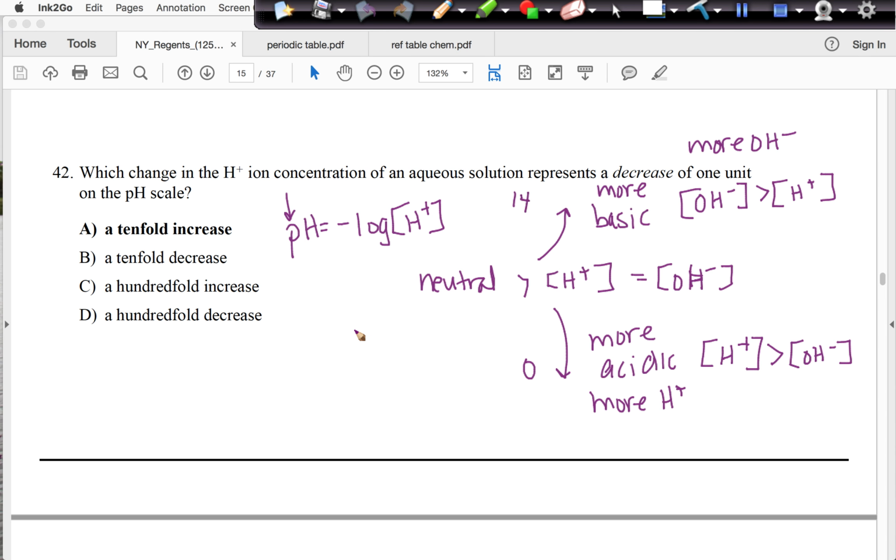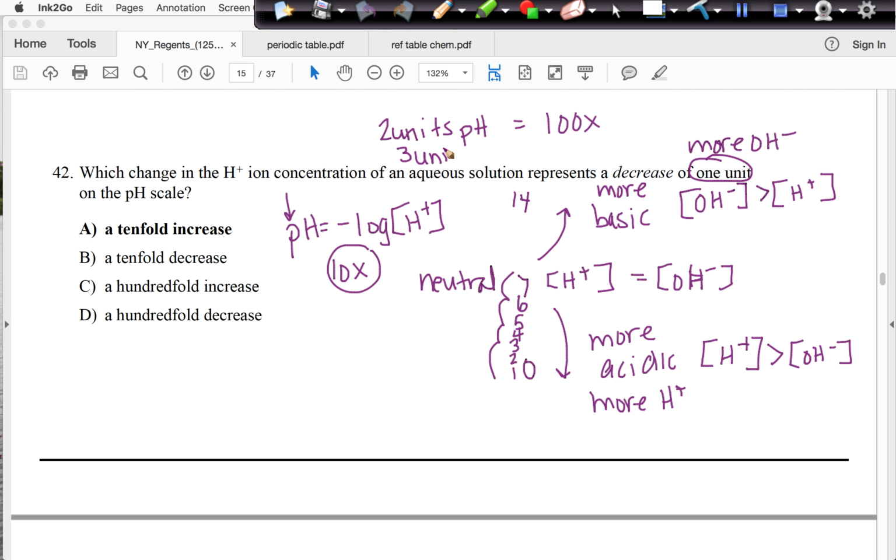So the lower we go on the pH scale, the more H plus. Every number on the pH scale is 10 times more. So if we want to know about 1 unit of the pH scale, it's 10 times. If it was 2 units on the pH scale, it would be a 100 times difference. 3 units on the pH scale would be a 1,000 times difference.